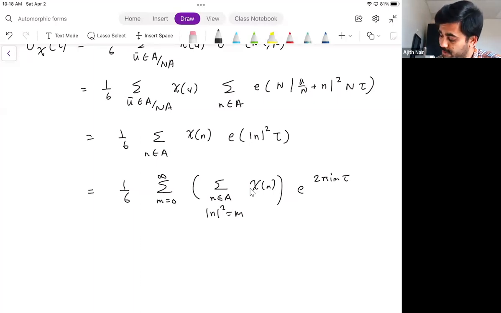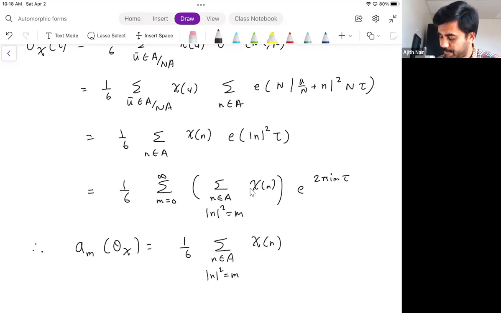Then the Fourier coefficient is going to be the bracket term. Therefore, the mth Fourier coefficient of theta chi is going to be 1/6 times the summation over n belonging to A, absolute value of n squared equal to m, of chi of n.